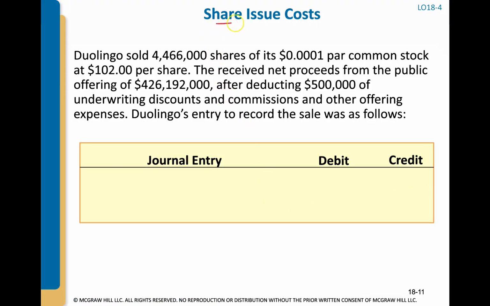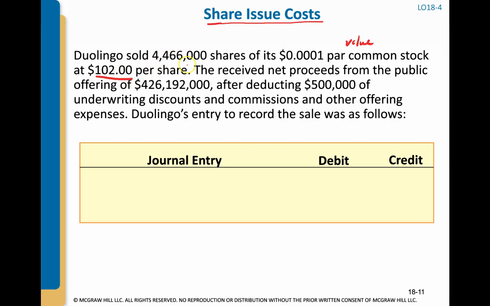Now, oftentimes when we issue shares, there are costs involved with that process, some administrative costs, some legal costs. And so let's see what we do with those costs. Duolingo sold 4,466,000 shares of its $0.0001 par value common stock at $102 per share.